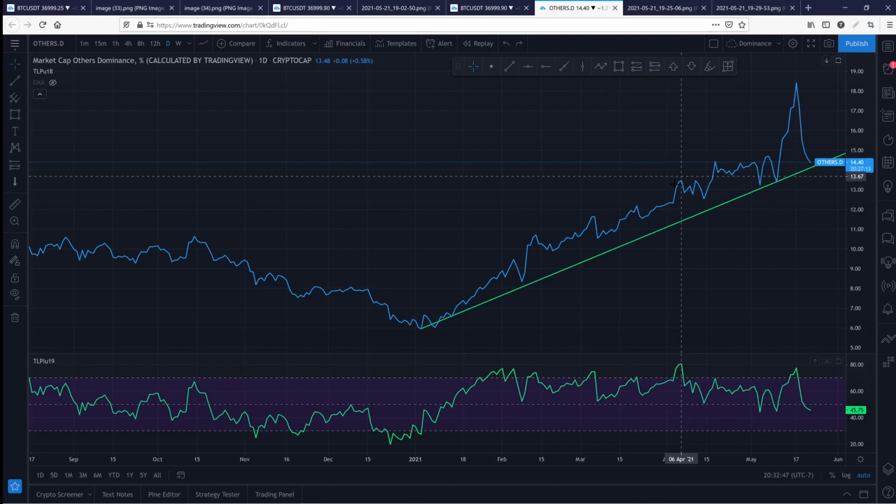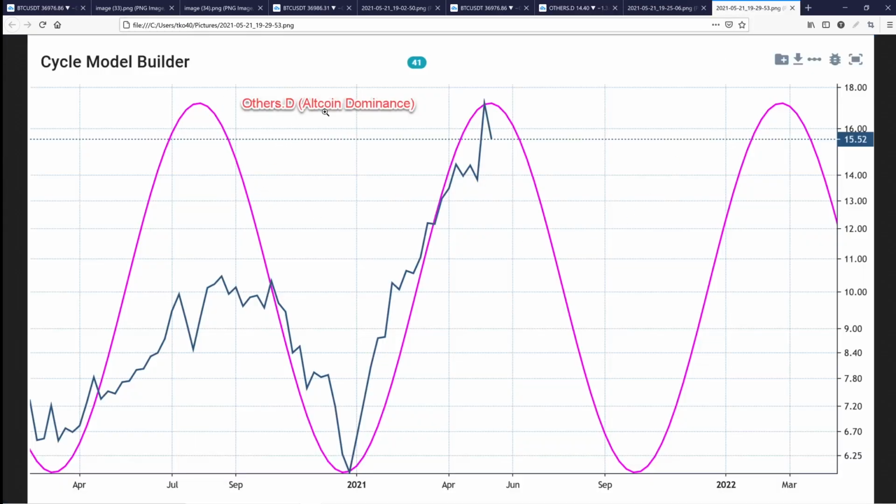So we have a bearish divergence forming on the altcoin dominance, indicating a downtrend. Also, the cycle of altcoin dominance is a 41-week cycle, which peaks in May and continues to have a downtrend in September.